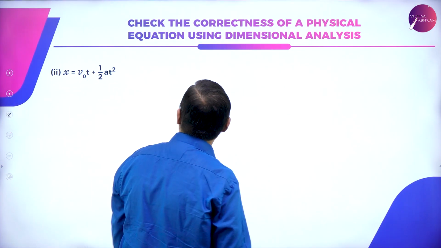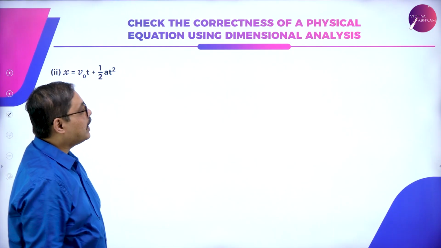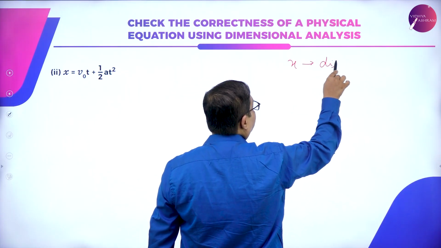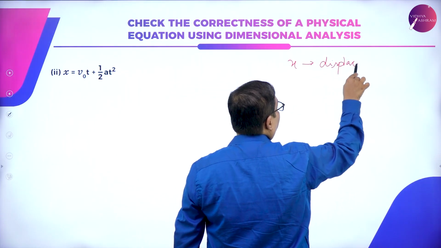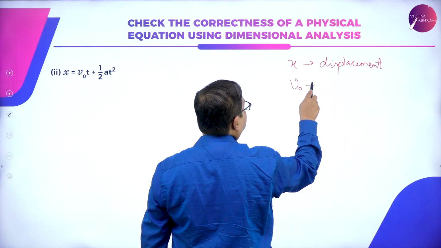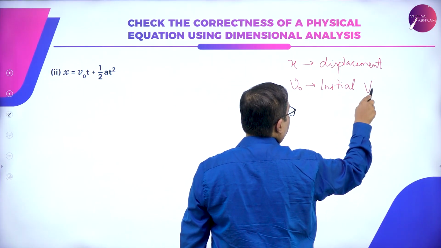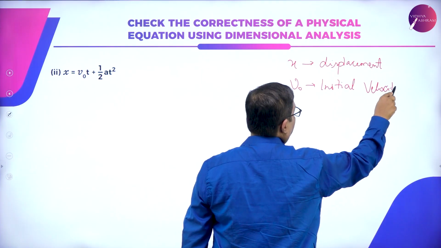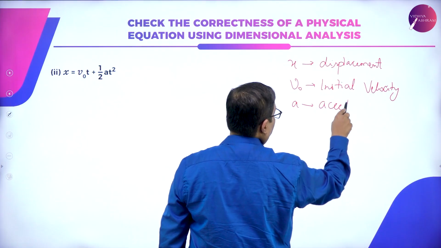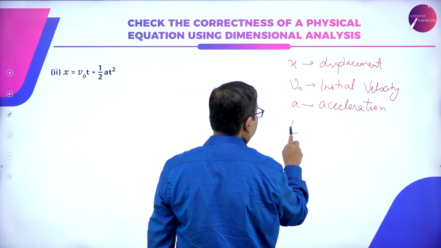The second law of motion, which says that x is equal to v naught t plus half a t square, where x is displacement, v naught is initial velocity, a is acceleration, and t is time taken.